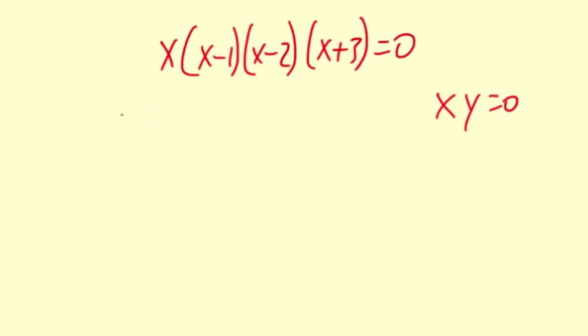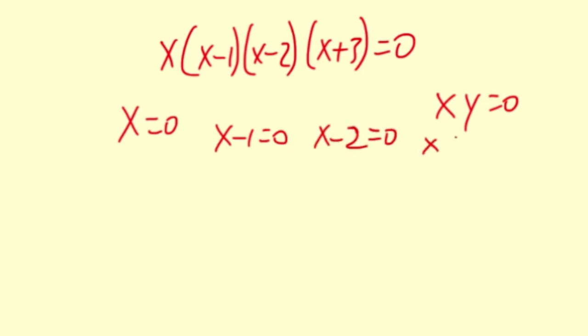This x by itself is its own factor, so x equals 0. x minus 1 equals 0. x minus 2 equals 0. And x plus 3 equals 0.